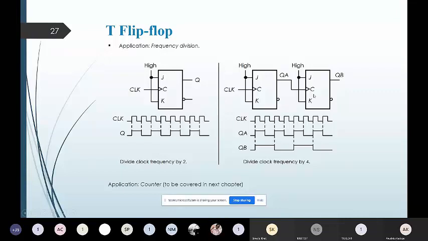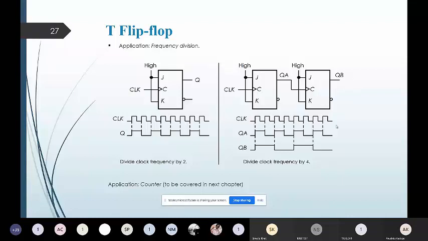Then the first flip-flop will give a divide by 2 output, which is represented by QA, and this QA will be given to the clock, and it will again be divided by 2, which is represented by this QB waveform. So totally a divide by 4 output we are going to get for the QB output.